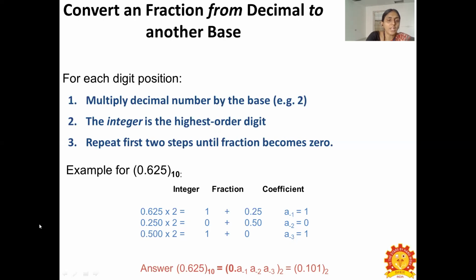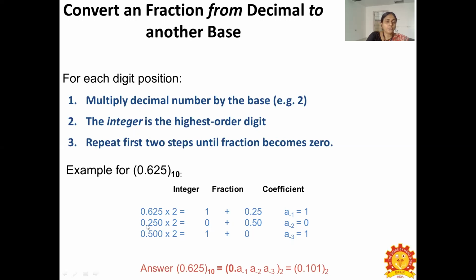Now the decimal fraction value given here is 0.625 in the example. So 0.625 multiplied by 2, we get 1 plus the fractional value, which we separate as 0.25, and again the 0.25 we consider for the next cycle.